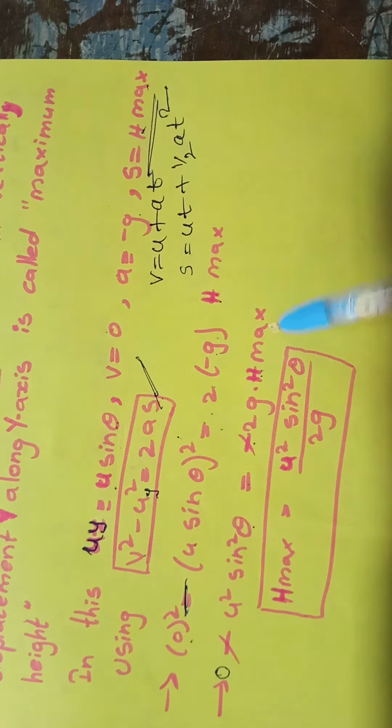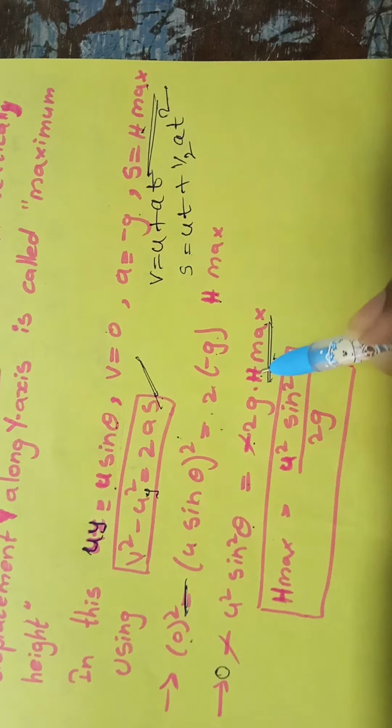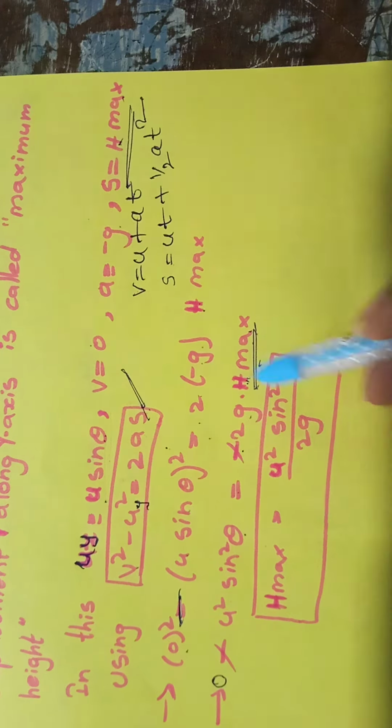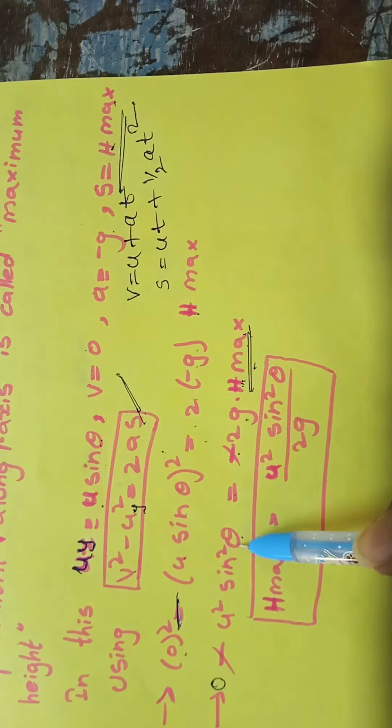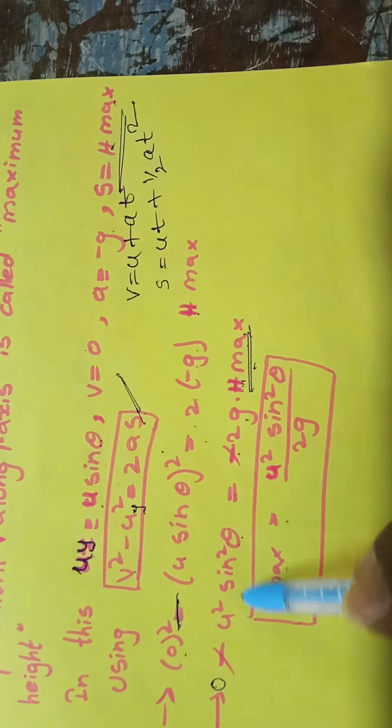Now here we want the maximum height value. So 2g is multiplied with h; bring it to the left side, it is divided by 2g. So the maximum height is equal to u square sin square theta by 2g.